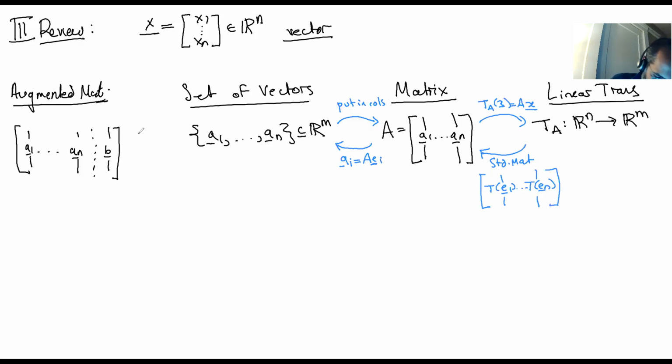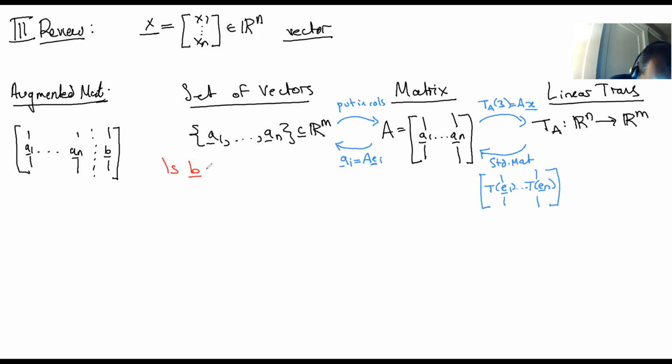And of course, the augmented matrix is actually something that concerns not just a set of vectors or a matrix or linear transformation, but it's what you get when you ask the basic existence question associated with this. So for vectors, the basic existence question is: is a given vector a linear combination of some other vectors?